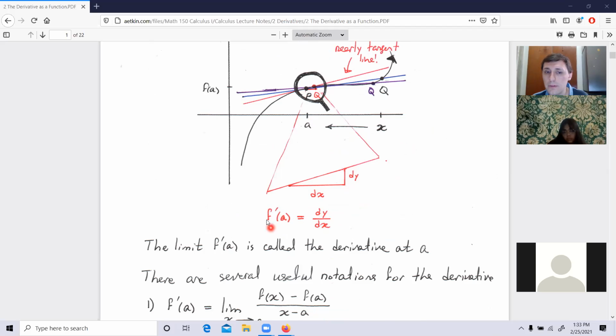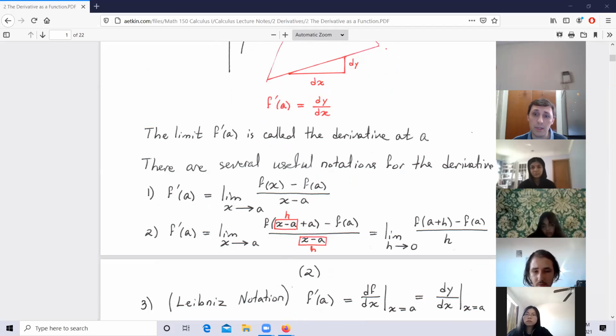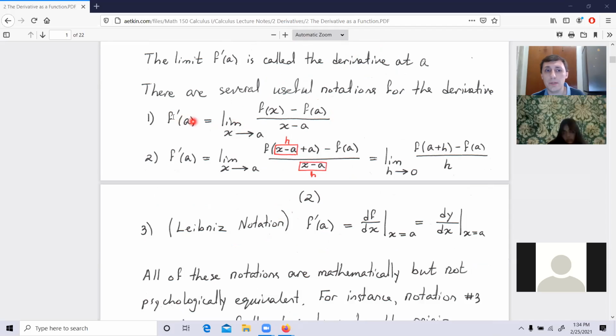And we mark derivatives by saying f prime. We write f prime, that is, sorry, Newton's notation, okay? So then we have two useful formulas for the derivative, which mathematically mean the same exact thing, but psychologically they appeal to us differently. Okay, so here is one way in which I can express the derivative.